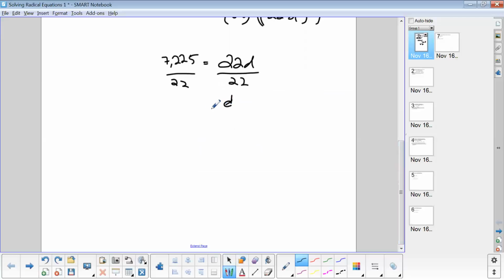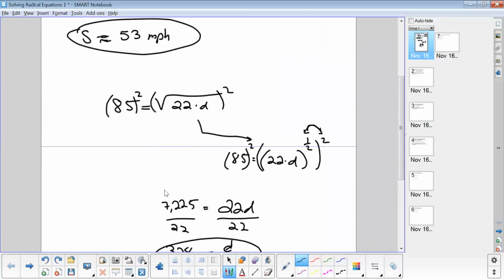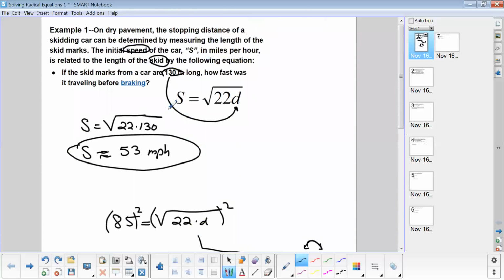So I get d is approximately 328 feet of a skid mark if a vehicle is going about 85 miles an hour before it starts braking. That's a long distance. But that is solving for distance using this equation in regard to braking.